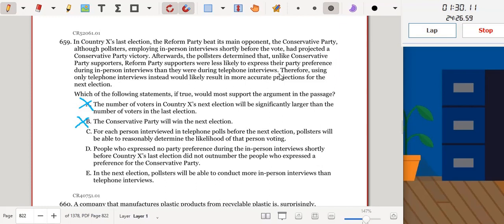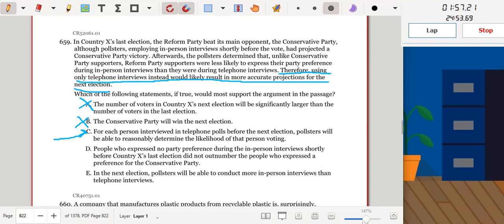So the argument is, therefore, using only telephonic interviews instead would likely result in more accurate projection of the next election. For each person interviewed in telephone polls before the next election, the pollster will be able to reasonably determine the likelihood of voting.